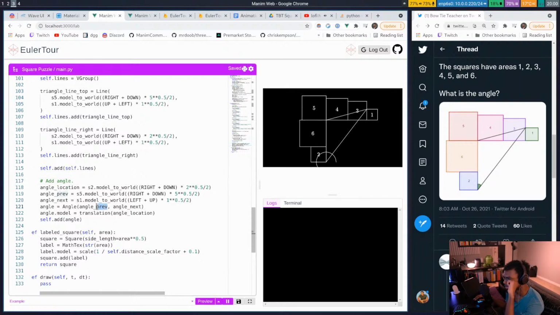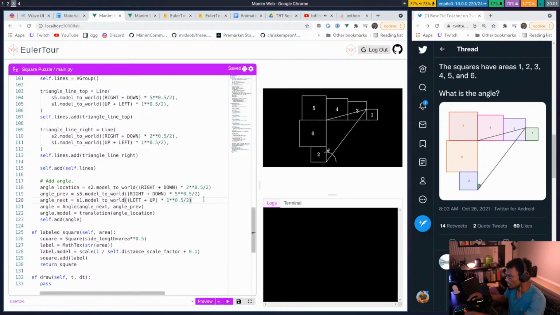Could that be it? Let me see what happens if I do this. Actually, even that's wrong. So that's a problem. And also the location of the theta doesn't make sense.